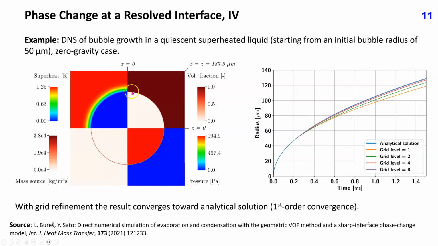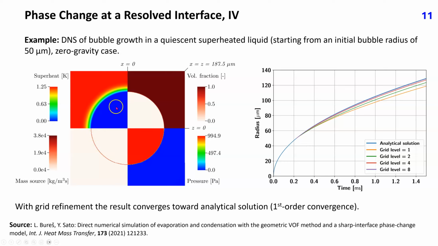The interface is well resolved, as can be seen from the plot of volume fraction of water. Pressure inside the bubble is higher than in the surrounding liquid because of the surface tension and large curvature, that is, small bubble radius. The mass source is active only in cells containing the liquid-gas interface.